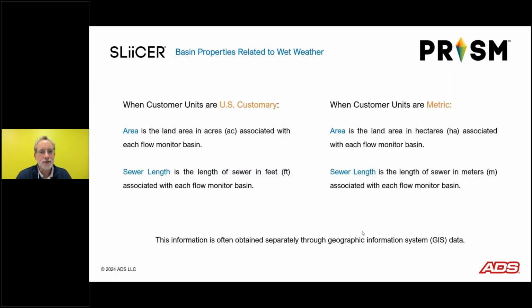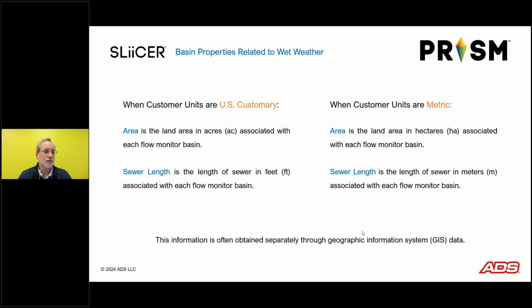So if you're a U.S. customer or a U.S. project, your land area is going to be in acres. If you're in metric, it's going to be in hectares. Similarly, sewer length is going to be expressed in feet in the U.S., and it's going to be shown in meters in other parts of the world. This information does not come from the flow data, so it comes from your GIS system data.